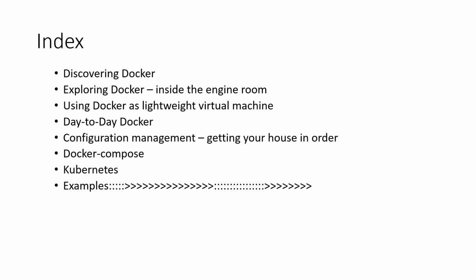Then we will compare Docker with virtual machines. Then we will look into a lot of examples and a lot of commands that we use daily when you work on Docker. Then we will look into configuration management and getting your house in order. It's nothing but stopping the container, removing the container, stopping the image, removing the image.